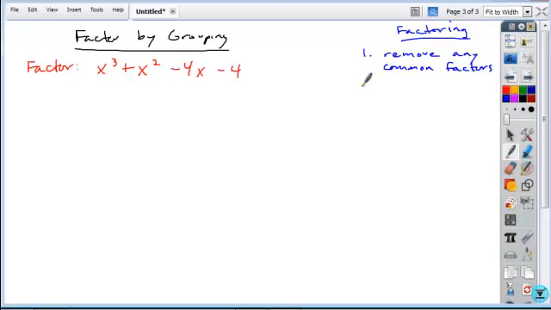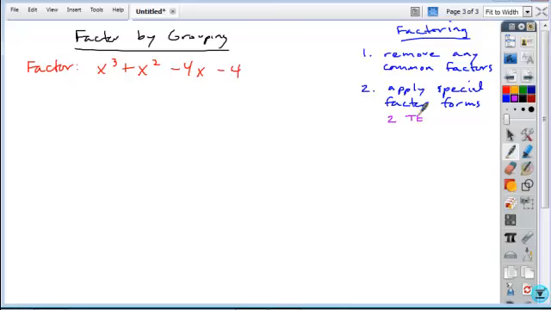Okay, once that's done, you can move on to the next step, which is to find any special factor forms. The special factor forms are based on the number of terms in your expression.